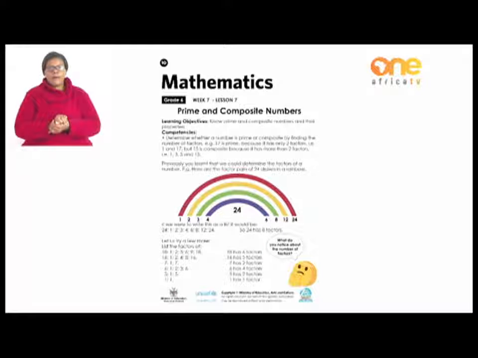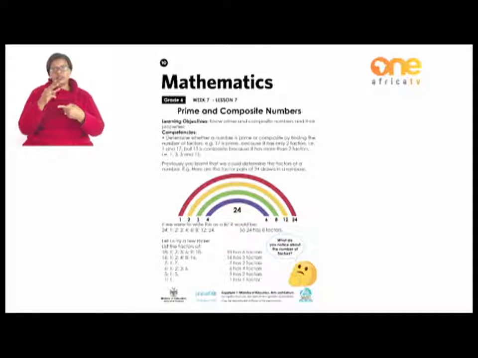And then we have 3 and 8. Multiplying those two also gives you 24. And then lastly, we have 4 and 6, which are also factor pairs of 24.